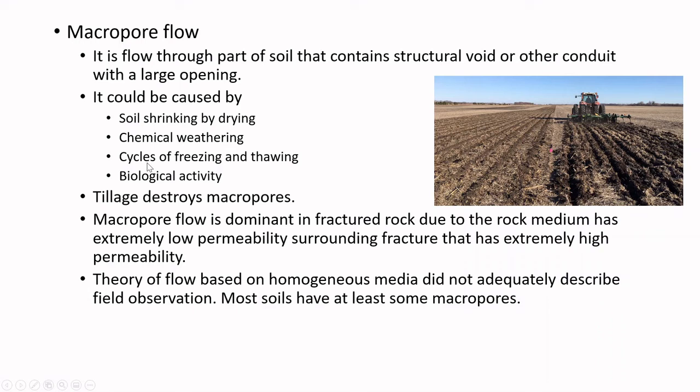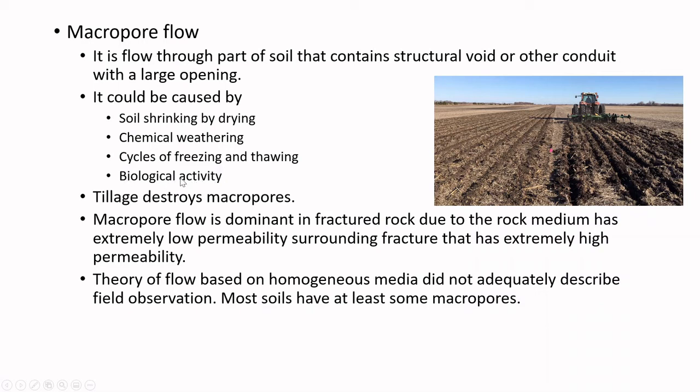There are also possibly cycles of freezing and thawing. Freezing is cold, thawing is warm. So cold and warm over a period of time can create macropores where water can easily flow through. Biological activity: for example, your soil has lots of organic materials, which become food or a resource for biological activity to take place.